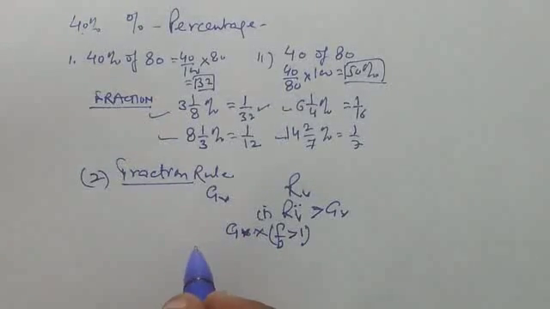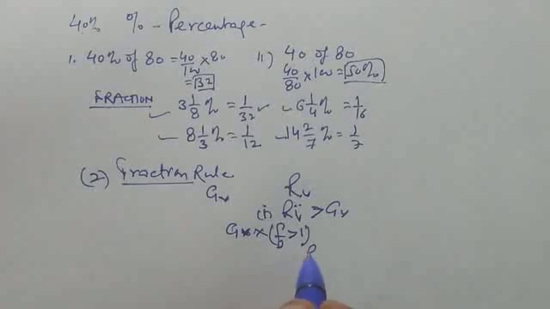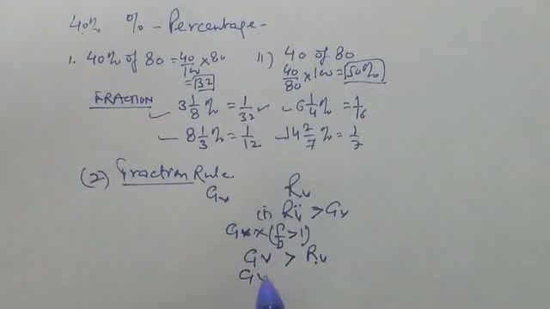Secondly, if the required value is lesser than the given value, I'll multiply the given value by a fraction that is lesser than 1.